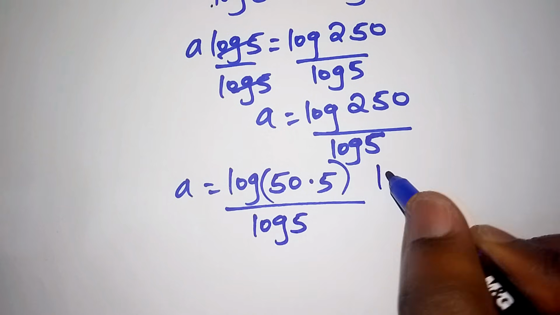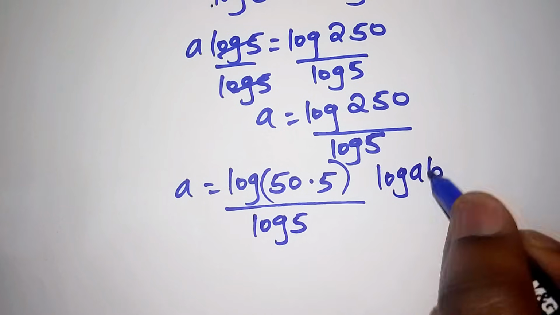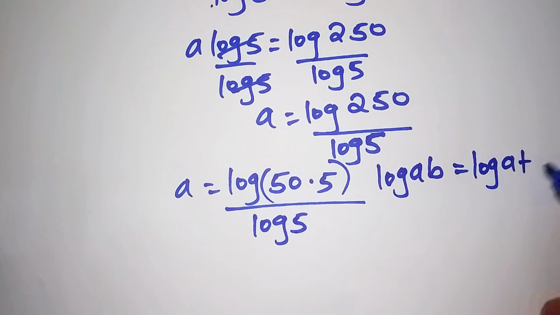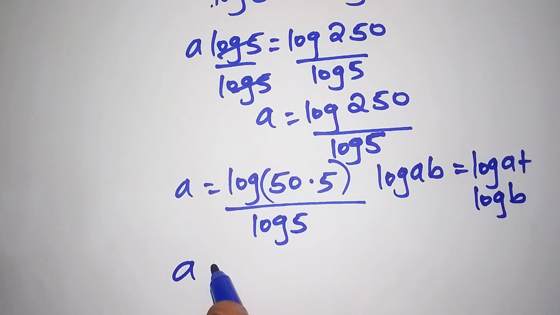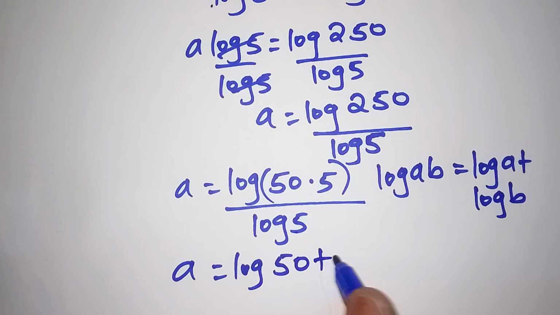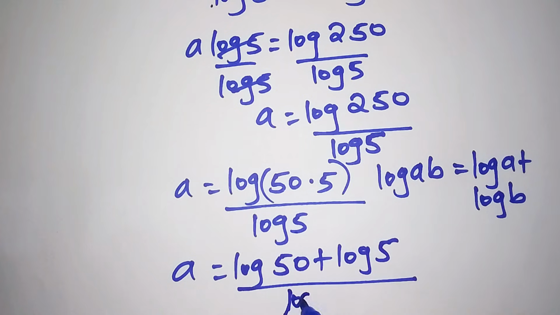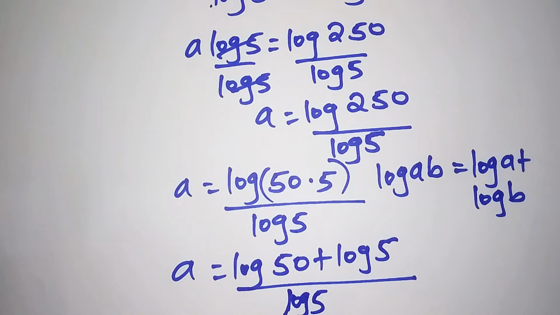Assuming that we have the log of a multiplied by b, this can be log a plus the log of b. So a can be written as the log of 50 plus the log of 5, all over the log of 5.